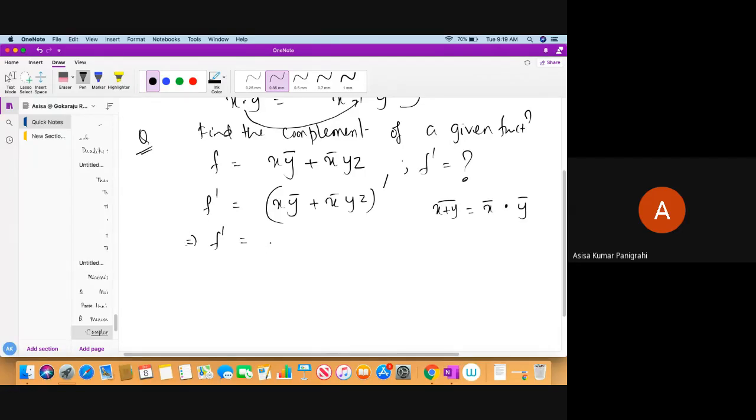Similarly I can do over here, x bar y z, break the bar, change the operator or to dot. So x y bar whole bar and x bar y z whole bar. Do you all understand what I did? I just break the bar and change the operator.